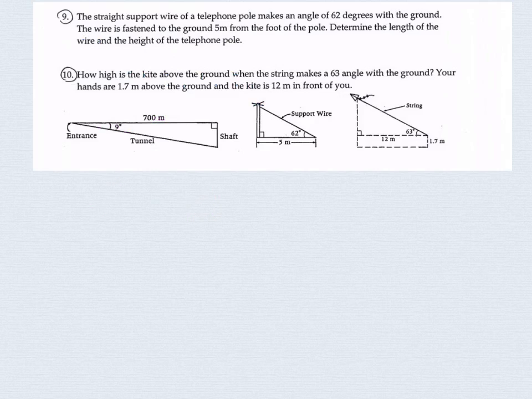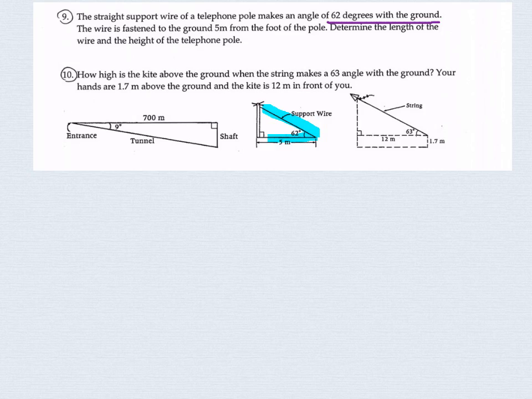The next one, number 9, is a word question, but they've also given you the diagram below. The straight support wire of a telephone pole makes an angle of 62 degrees with the ground. That's a key, with the ground. Notice the wire and the ground. Angle between them is 62 degrees.